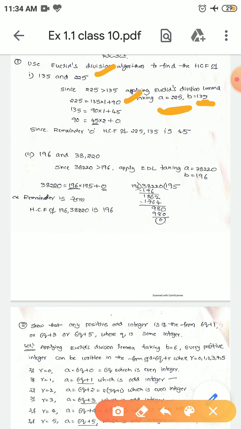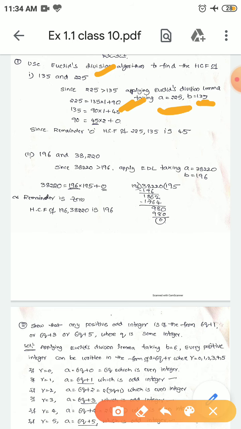As you are not getting 0, the algorithm says that we have to divide this number with this number again, if you do not get 0. So here the numbers are 135 and 90. Divide 135 with 90: 135 equals 90 into 1 plus 45.